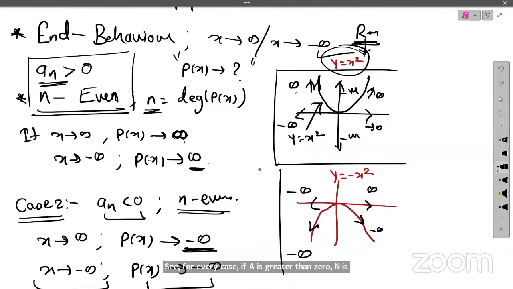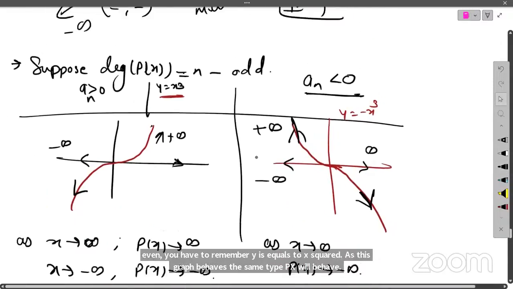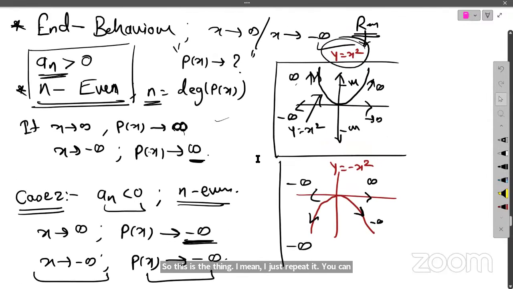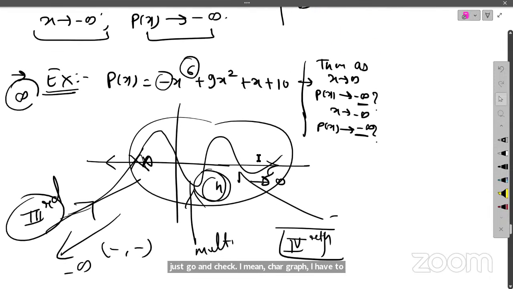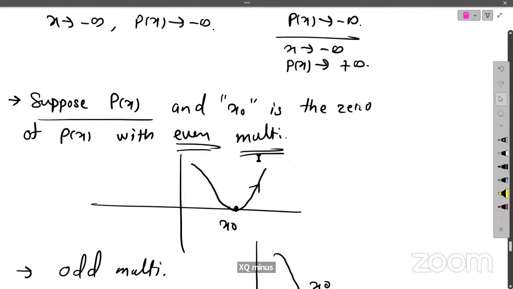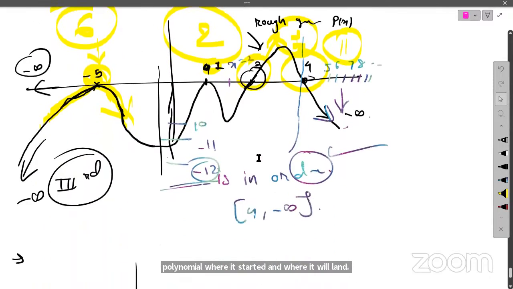As this graph behaves, the same type p(x) will behave. I just repeated this. You can just go and check. You have to remember these 3 or 4 graphs: y equals x square, minus x square, x cube, minus x cube. According to this, you have to place your polynomial: where it started and where it will end. Okay, just go and check.